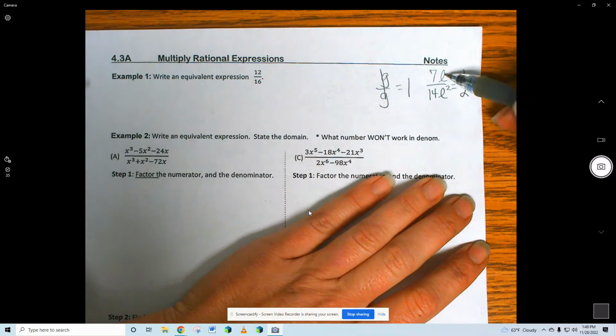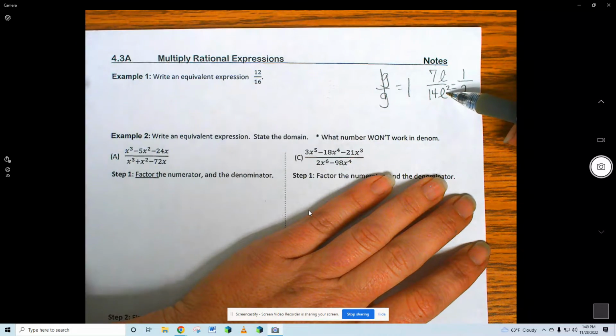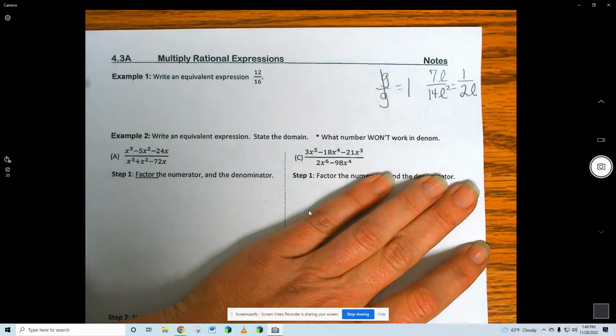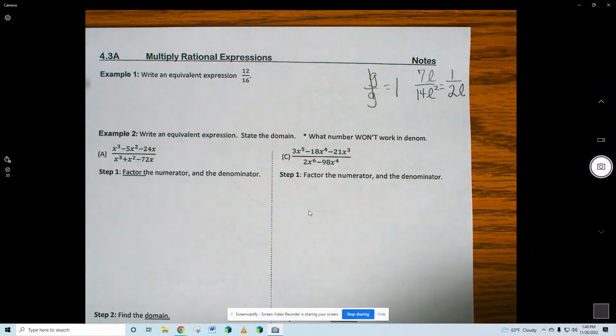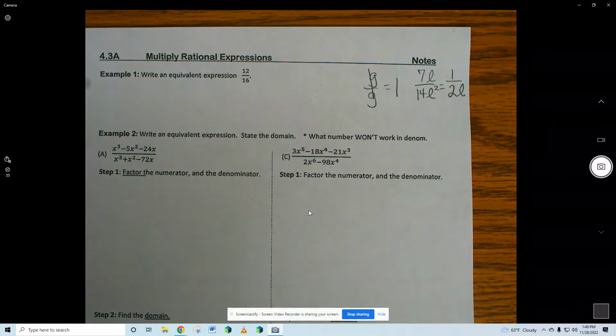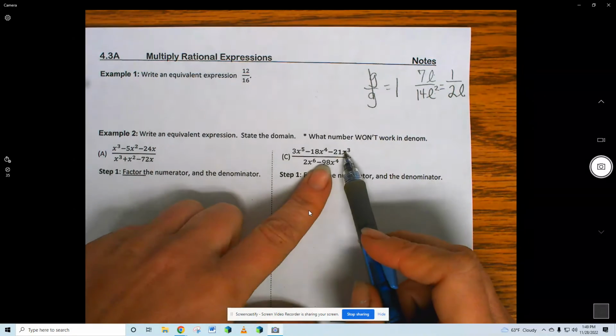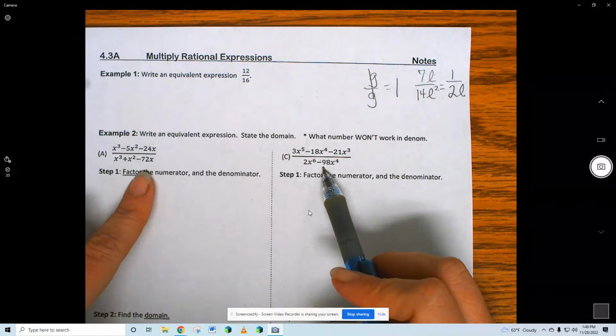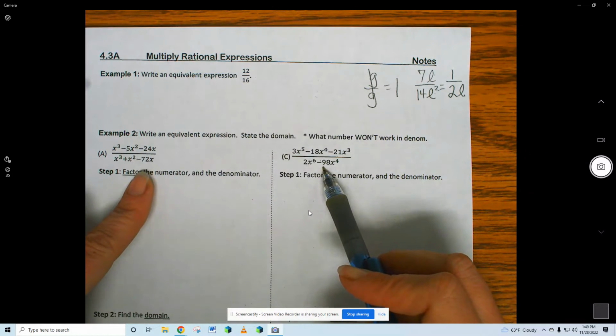And then the L to the first divided by L squared, there would still be an L in the denominator. So my answer to that would be 1 over 2L. All right, so we're going to do it on a much bigger scale because I'm going to have to factor trinomials like this or binomials. All these things need to be simplified and reduced.